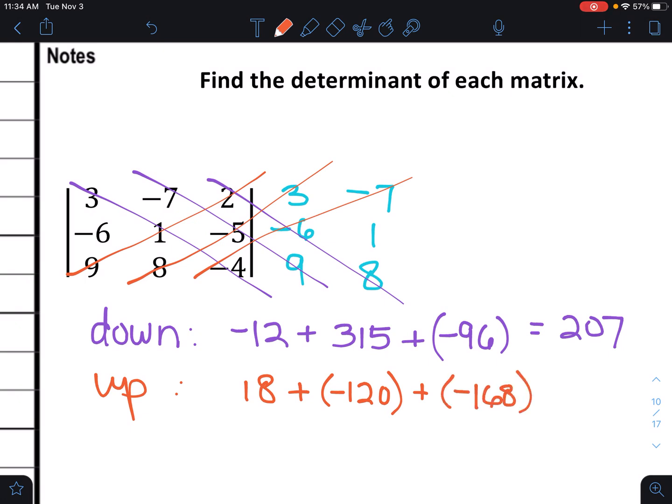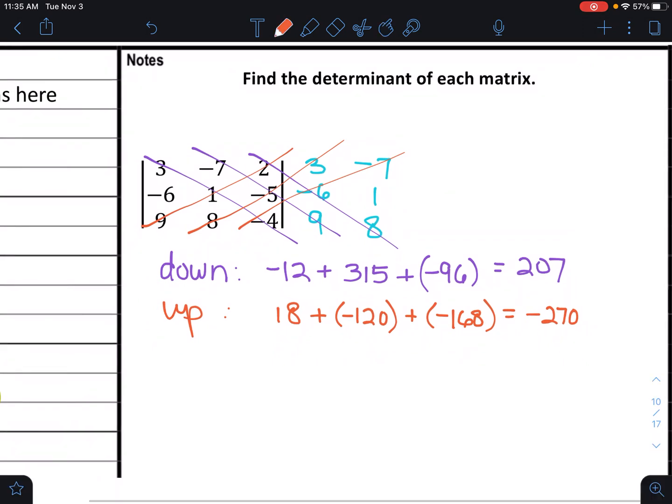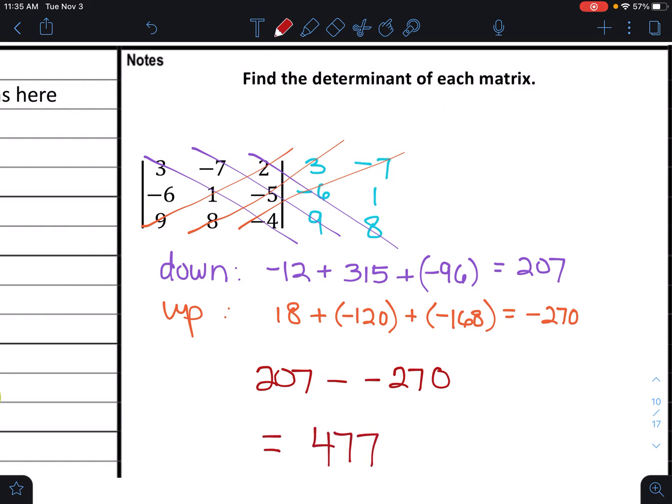Let's put these together. Now, let's do down minus up. 207 minus negative 270 would give me 477. That's my determinant for that matrix.